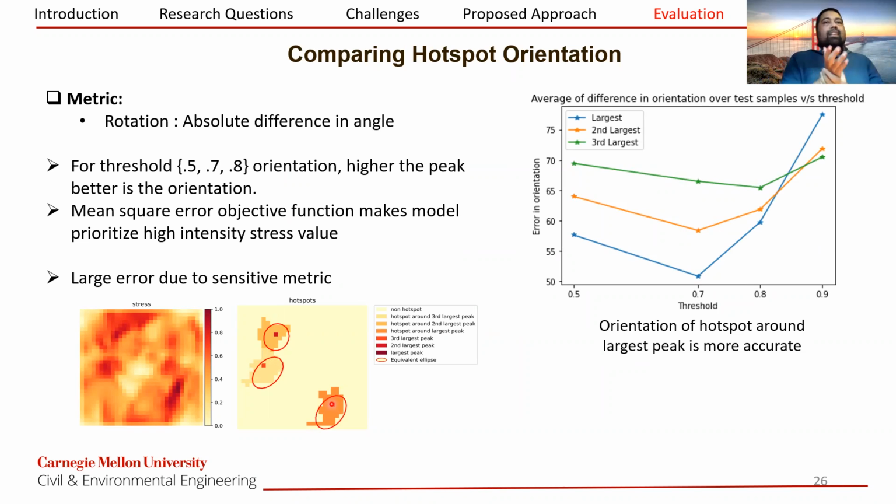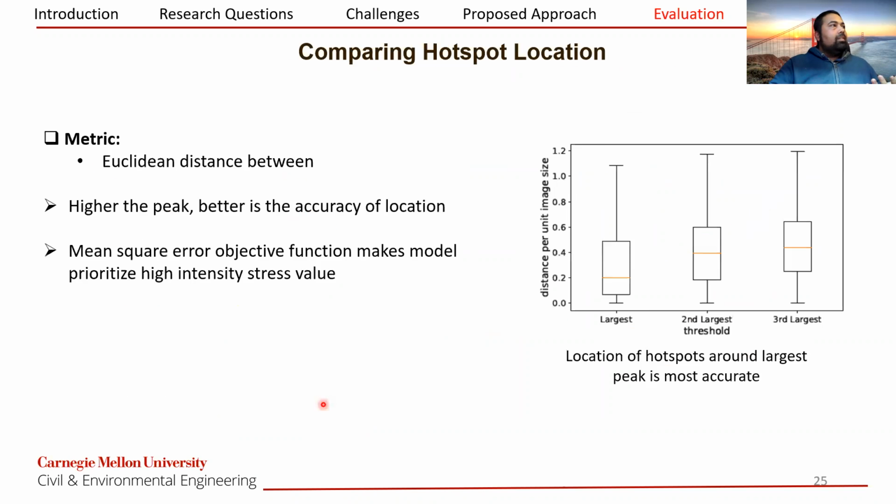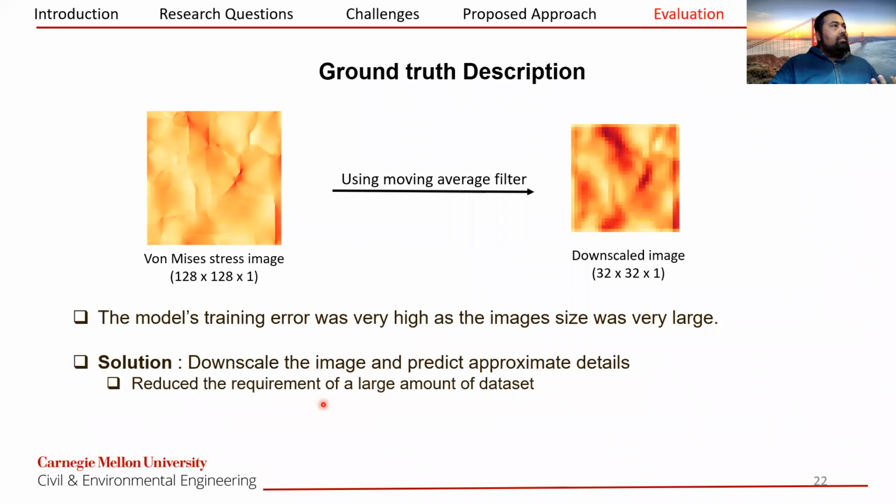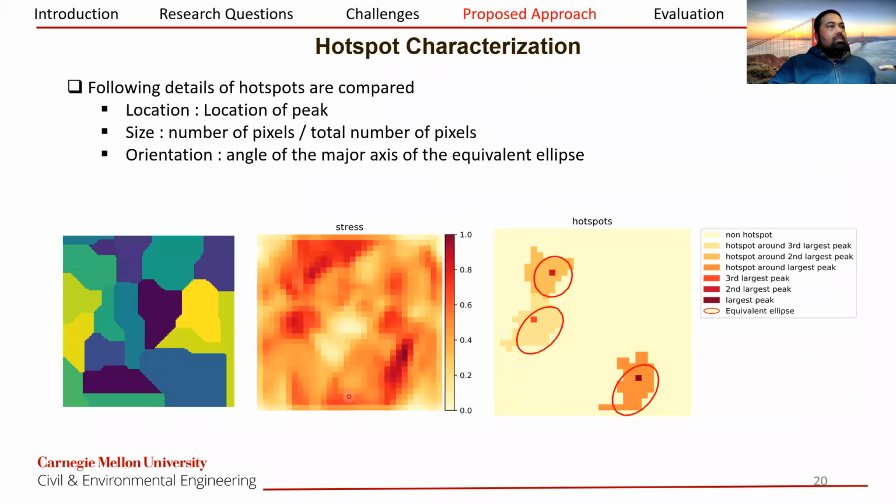So we are characterizing the geometric character. We are using the geometric characteristics of the hotspot as one of the ways to define it. Because we can see that there is a hotspot, but how do you define it? So we use these three values: location, size, and orientation. Right now we came up with this metric where we say this is our hotspot, and we just find the equivalent ellipse.